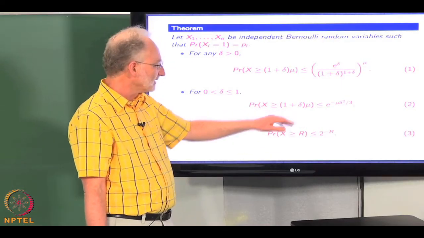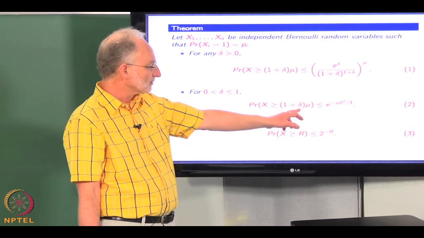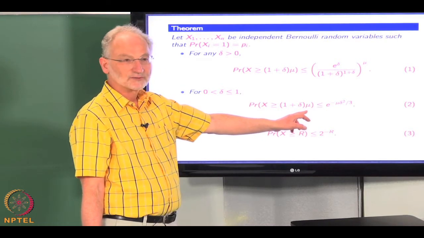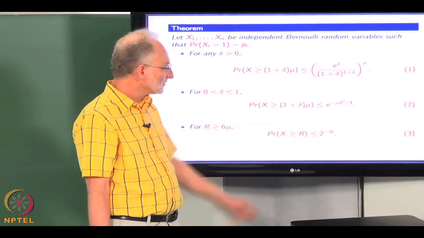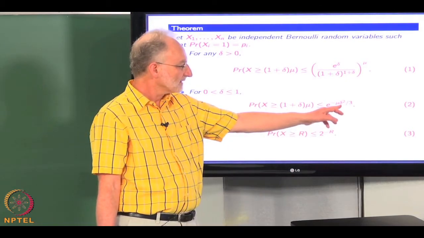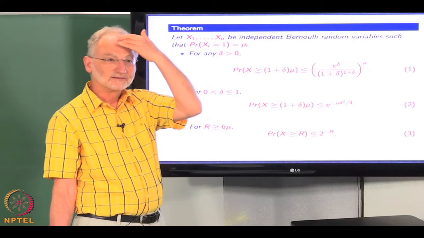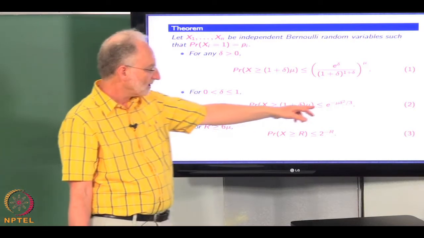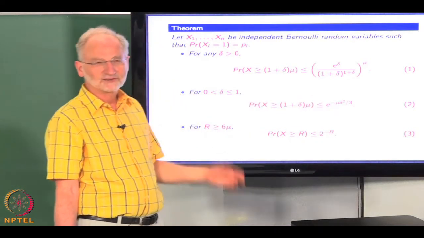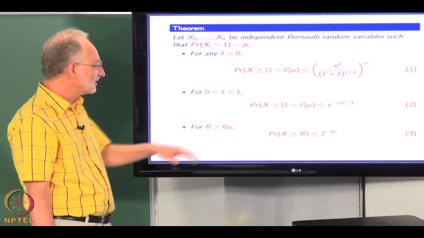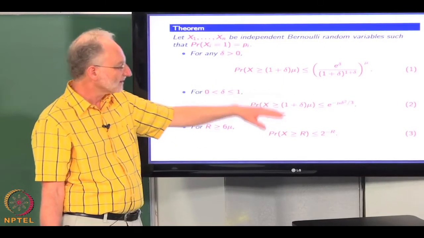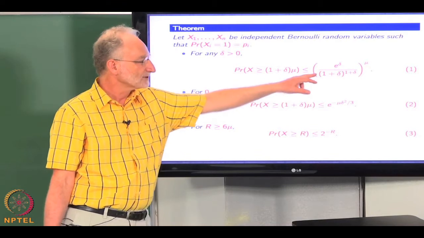The probability that X deviates by more than delta from its expectation is bounded by e to the minus expectation times delta squared over 3. Okay? And why you get this 3, these are just technicalities of how you show that this is an upper bound for this.